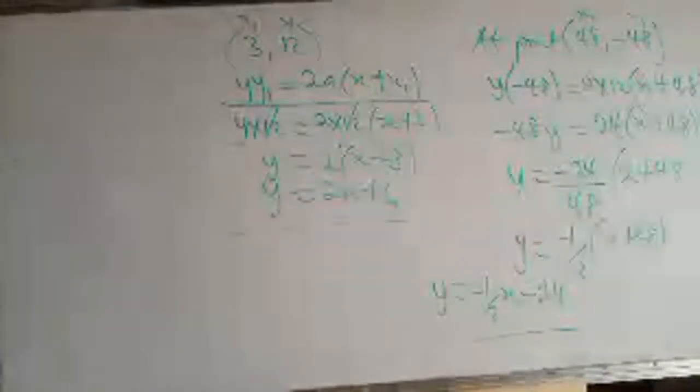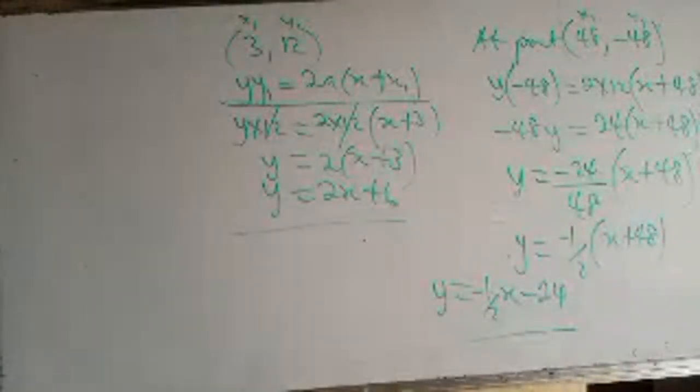When we expand this, we have y equals minus half x minus 24. The first one was y equals 2x plus 6.